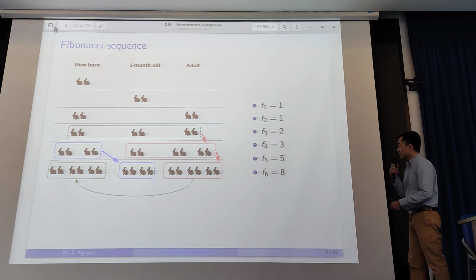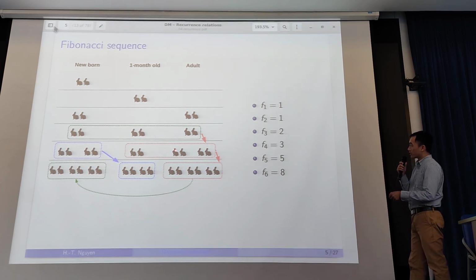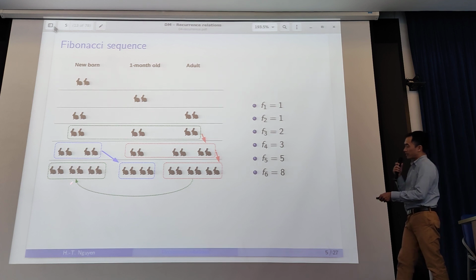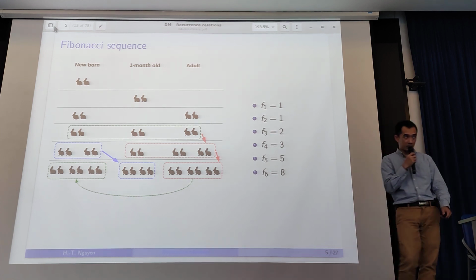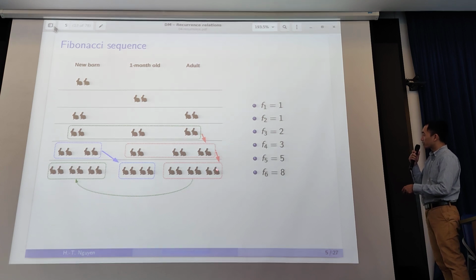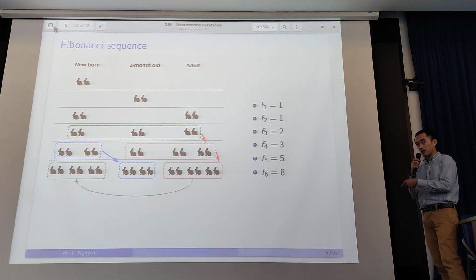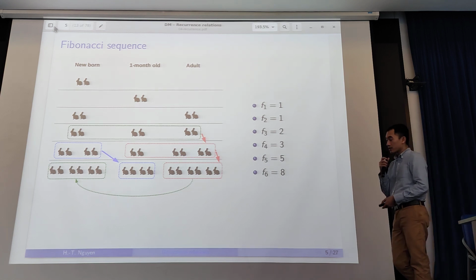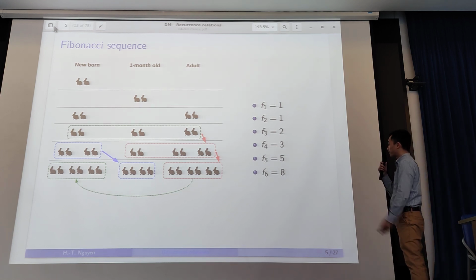So you have here blue becomes blue, red becomes red, and green. Green doesn't become green, but green here has the same number of pairs of rabbits. That means that the total number of rabbits in this month is equal to the number of rabbits of the previous month plus the number of rabbits of the month before.